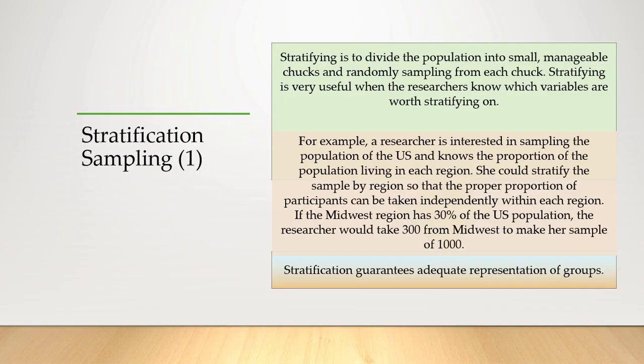The next probability sampling procedure is stratification sampling. This procedure is used a lot more for studies at the national scale. In this procedure, researchers divide the entire population into small, much more manageable chunks, and then take a random sample from each of the chunks.